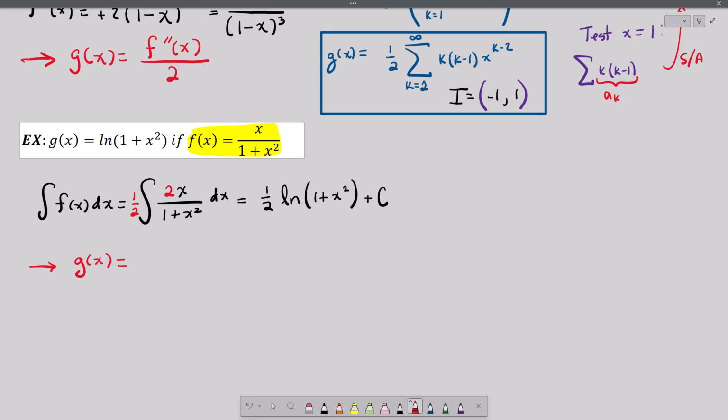So we're going to do 2 multiplied by the integral of f of x dx. And yes, there's a constant. We'll deal with the constant on Thursday. We'll see that constant's probably 0. We'll talk about it Thursday.